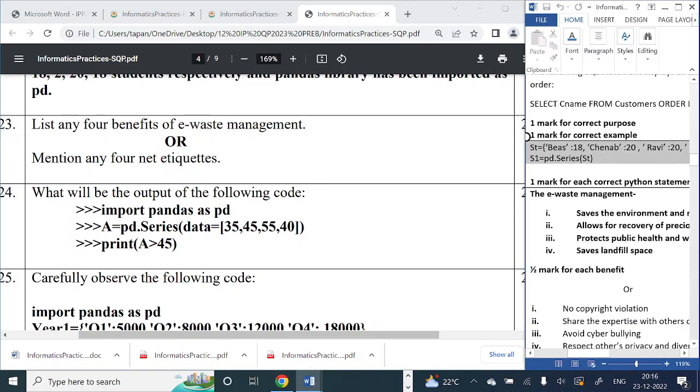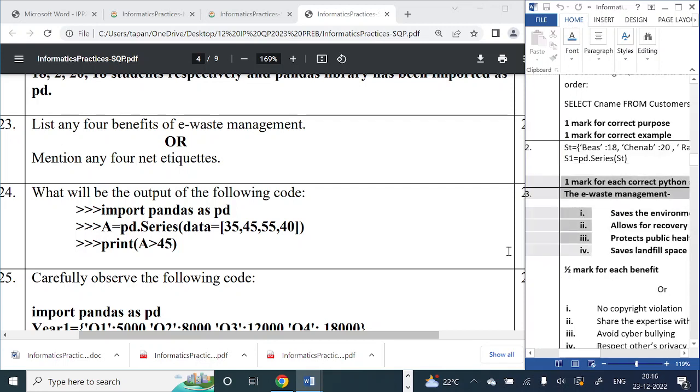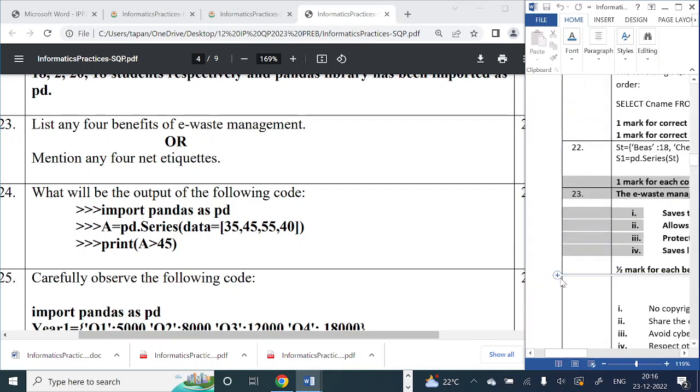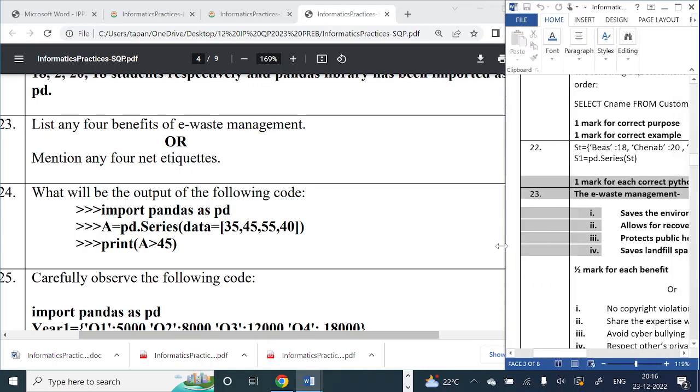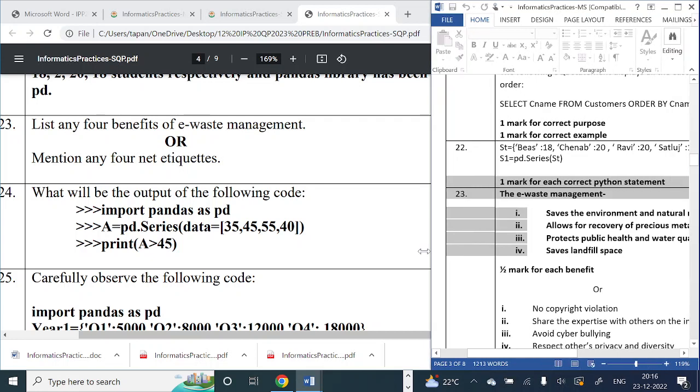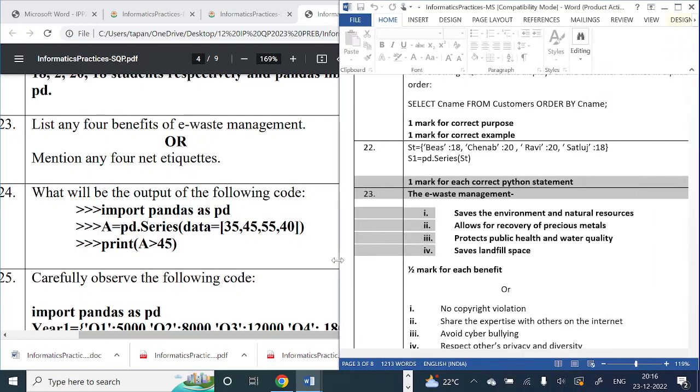So here you can see the answer for e-waste management. They have given the answer here. I will just show you the answers. So this is your answer. E-waste management saves the environment and natural resources, allows for recovery of precious metals, protects public health and water quality, saves landfill space.